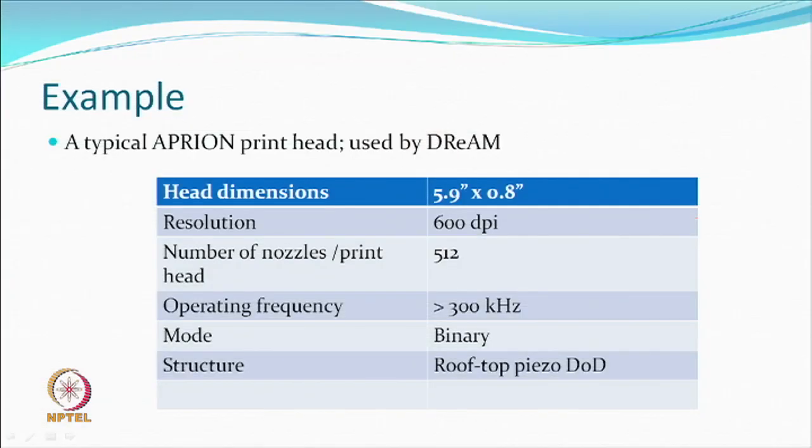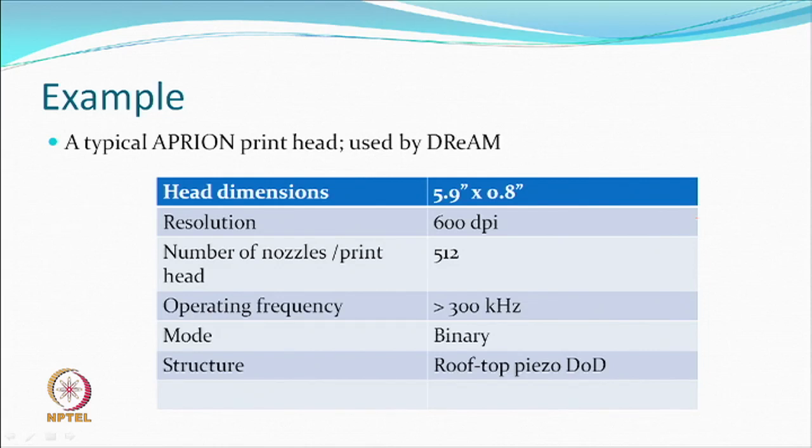So, in this, Regini, for example, is the company and uses another typical print head, let us say Aprion. Now, as far as the dimensions of this print head are concerned, the print head may be large, thickness is very small, but up to 600 dpi it can print. Number of nozzles could be 512. Operating frequency is 300 kilohertz, pretty high.